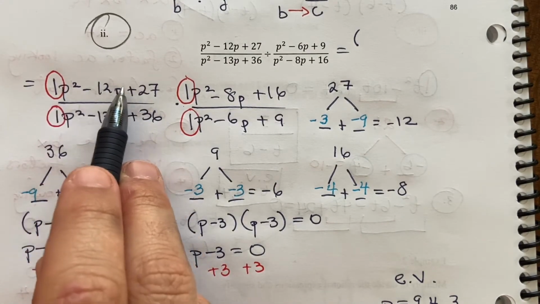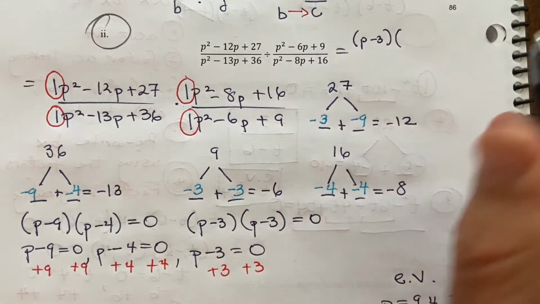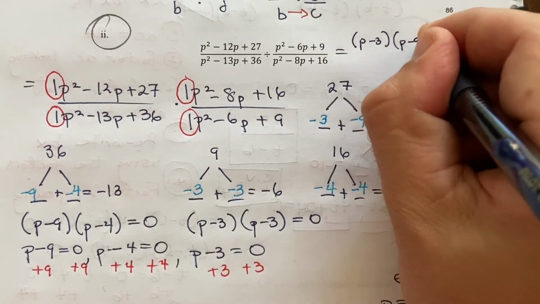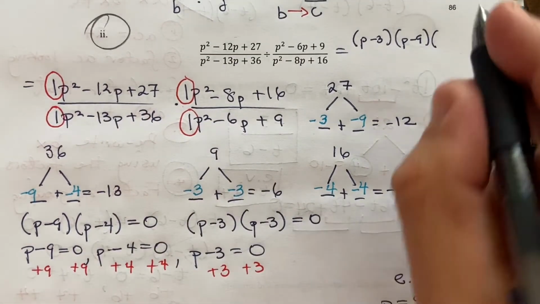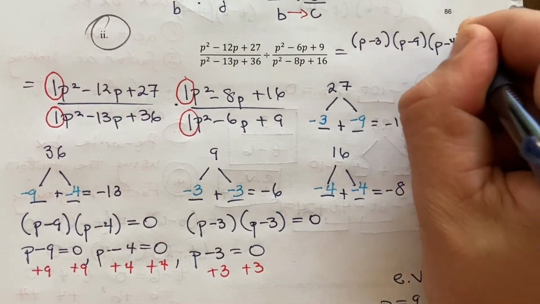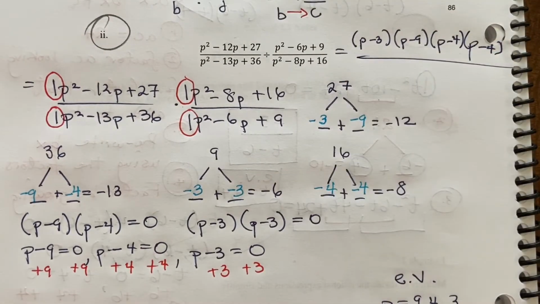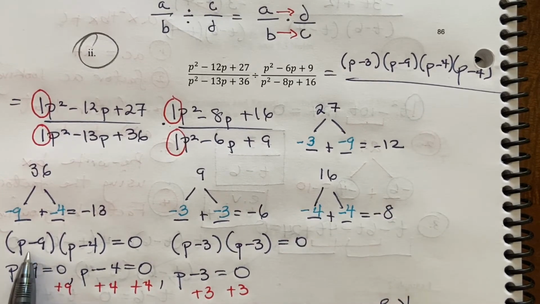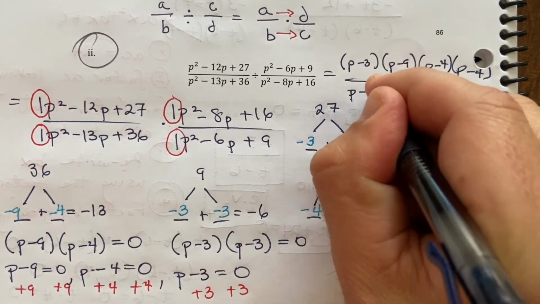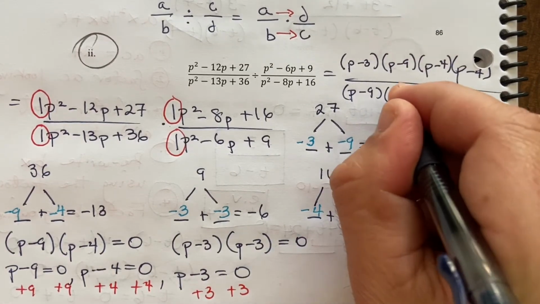Since this factored this way, I know it's going to be p minus 3 times p minus 9, and then multiplying straight across, I'll have p minus 4 times p minus 4, running out of room, over this factorization, p minus 9 times p minus 4, right?